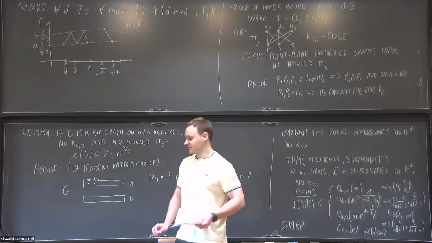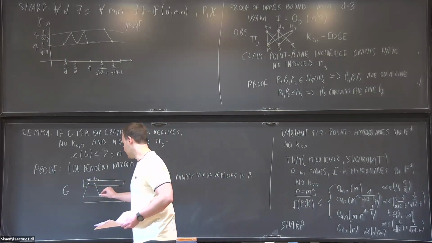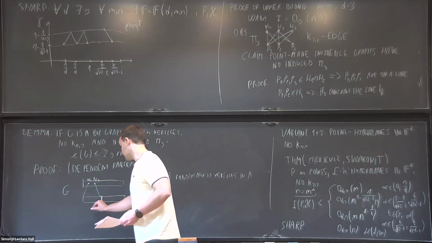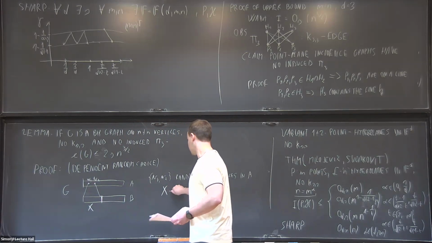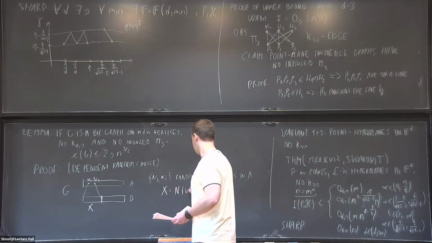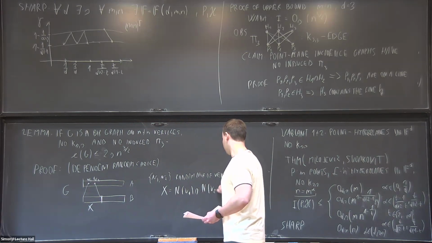First, we will look at what can we say about the common neighborhood of V1 and V2. Let me denote this set by X. So X is the common neighborhood of V1 and V2.